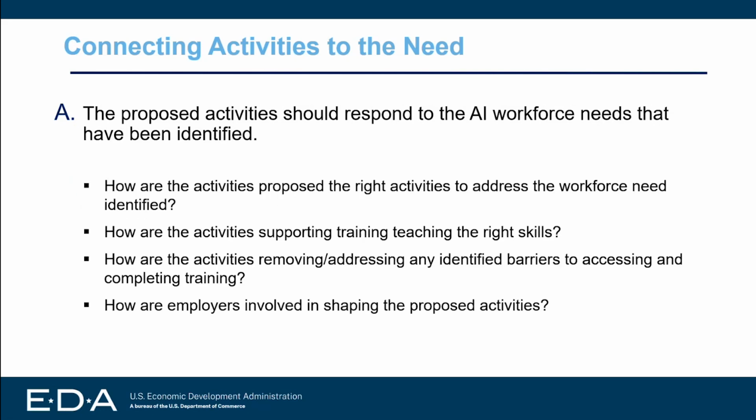So starting with the first core idea around the project's activities, this helps you think more concretely about why the activities need to be the right activities. Applicants should be able to explain how the proposed activities specifically respond to the AI workforce needs you're identifying, how the training you propose teaches the exact skills employers are saying that they need, how the activities remove or address identified barriers, whether those are skills gap, training access barriers, or worker supports, and how employers shaped and endorsed the activities you've outlined.